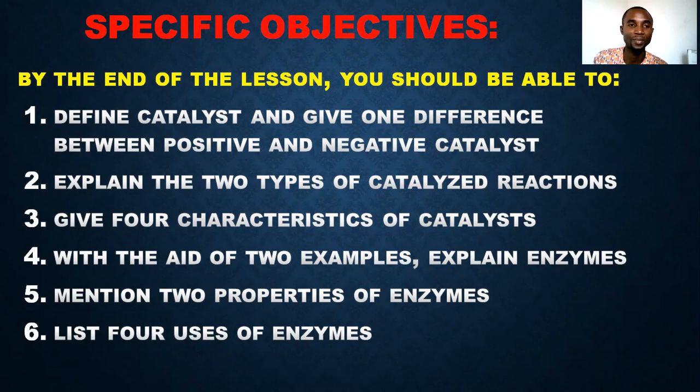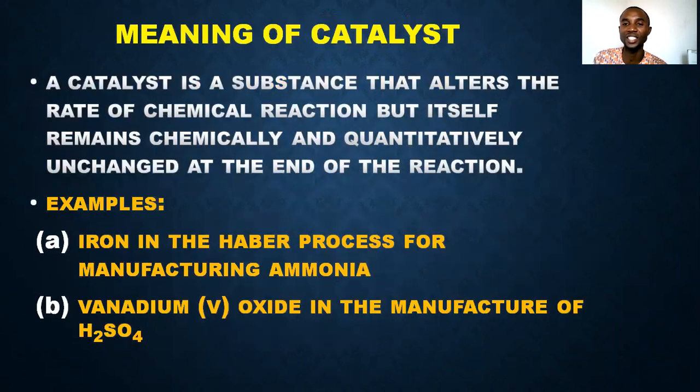All right, let's begin by saying what actually a catalyst is. We must have been hearing of that. Catalyst is a word we must have been hearing in chemistry. But what is it? A catalyst is a substance that alters the rate of a chemical reaction, but itself remains chemically and quantitatively unchanged at the end of the reaction.